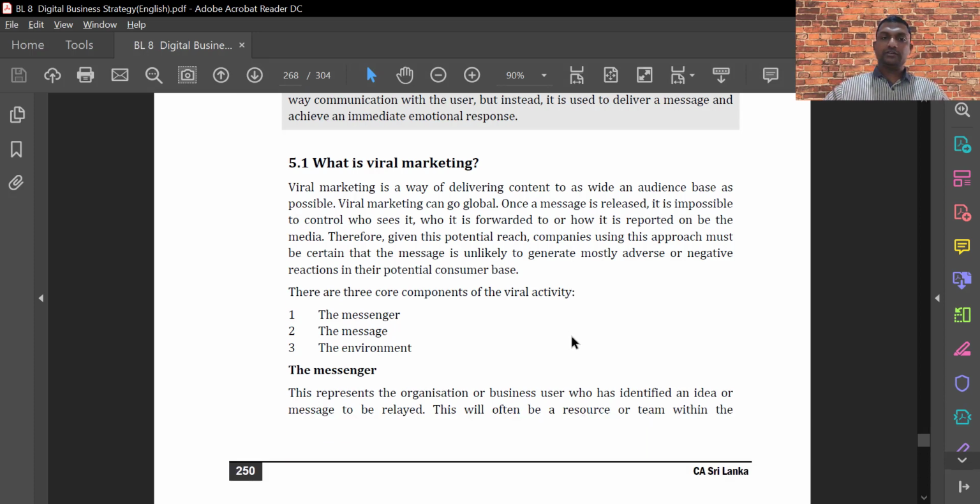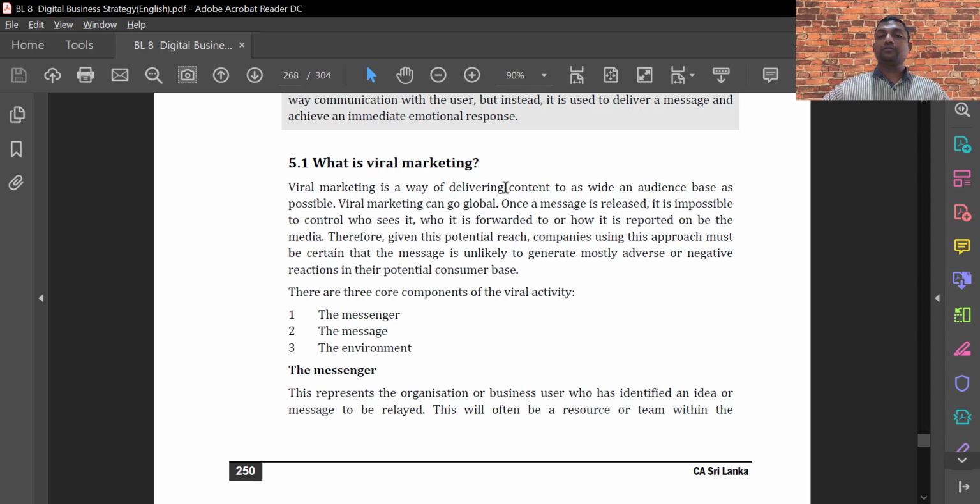It says this is a way of delivering content to as wide an audience base as possible. As with a virus, this has to be sent to as many people as possible, so viral marketing may even go global. Some content which is of interest to a lot of people will sometimes be consumed by people in many other countries as well.